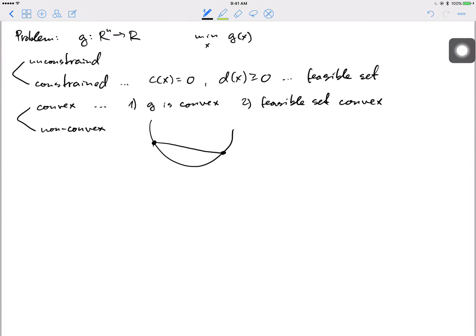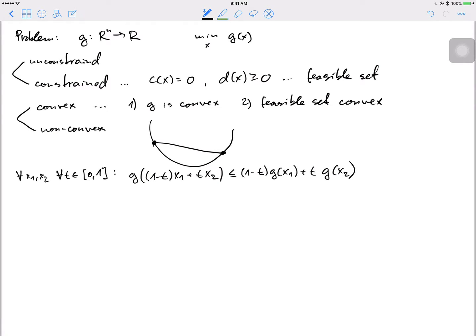If you want to write it as a formula, you say that for each x1 and x2 from your domain, and I will skip the domain thing, and for every t between 0 and 1, you have the following inequality. The g function evaluated at a linear blend between x1 and x2, those are the two arbitrary points, needs to be below the linear blend of the values, which means (1 - t) g(x1) plus t g(x2).